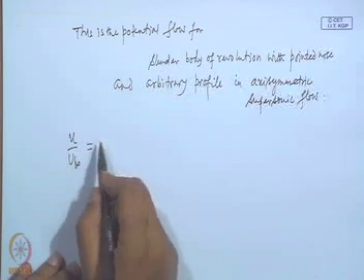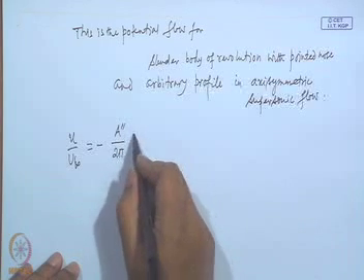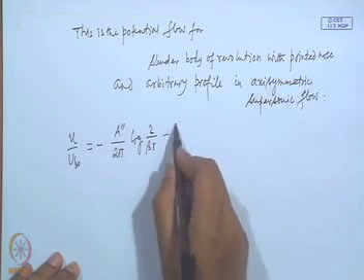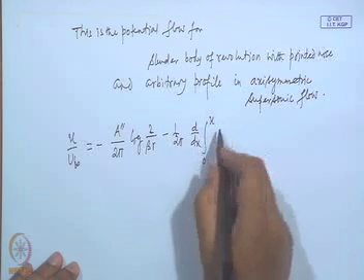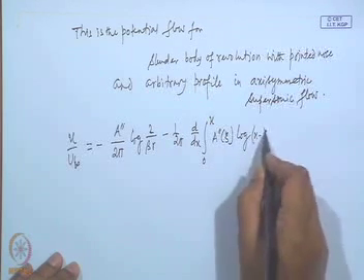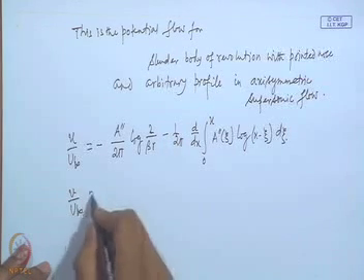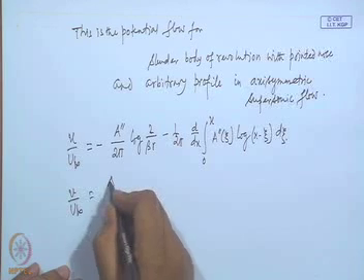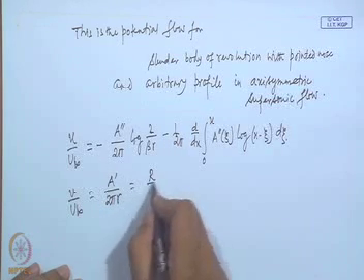This gives u by u infinity is minus A double prime by 2 pi log of 2 by beta r minus 1 by 2 pi d dx of ... and v by u infinity is d phi dr, which gives A prime by 2 pi r, which becomes r by r dr dx.